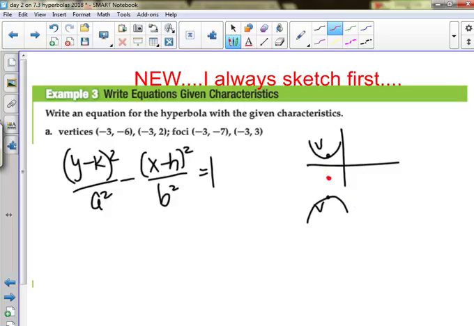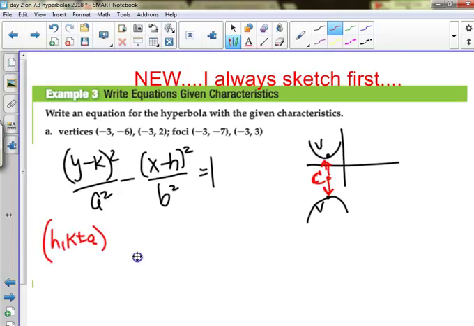A is the distance from the center to what? That's the center. Yeah, to each vertex. I don't know what it says on the sheet. It says when it's opening up and down, the vertices are at h comma k plus or minus a.